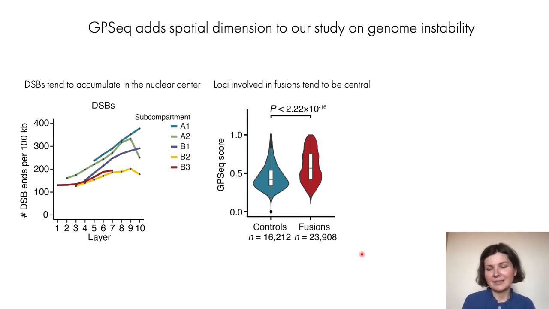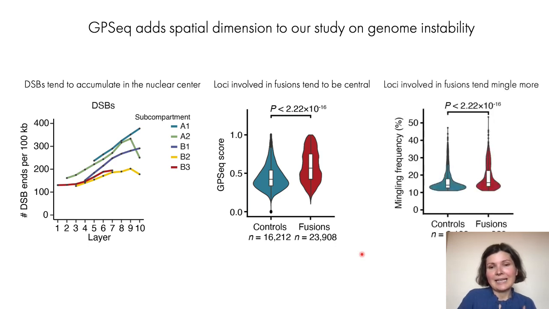We hypothesized that such regions would be engaged much more in interchromosomal mingling, and so we asked exactly that, and we could indeed see from our ChromFlock structures that beads which carry genes engaged in gene fusions are much more frequently engaged in interchromosomal mingling events.